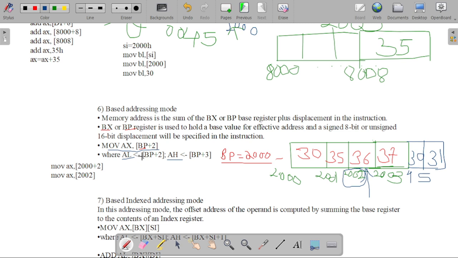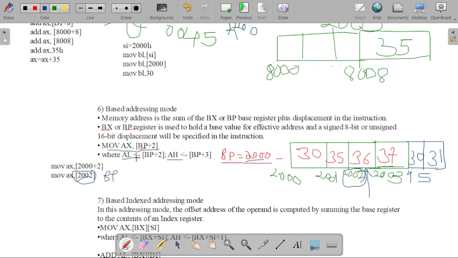Whenever I write MOV AX, [BP plus 2], we are adding 2000 plus 2, so it becomes 2002. Whenever I consider this location 2002, the base pointer value will be updated.